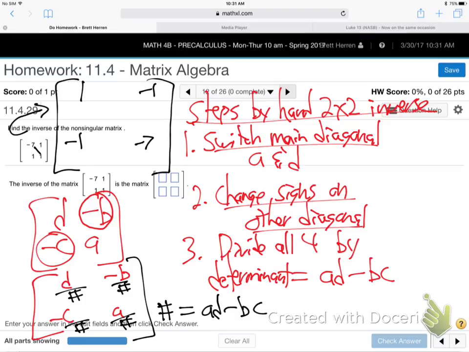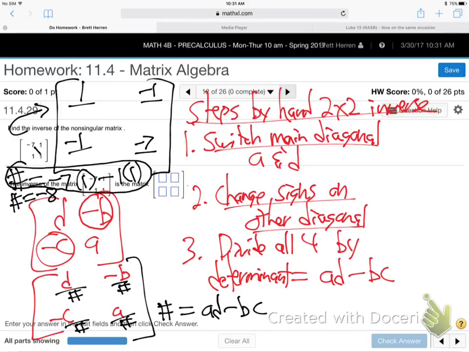Then I'm going to divide all 4 of them by a certain number. What is that number? The number is negative 7 times 1 minus 1 times 1, negative 8. Everybody see that? Can you read this here? Right? I did main diagonal minus other diagonal.